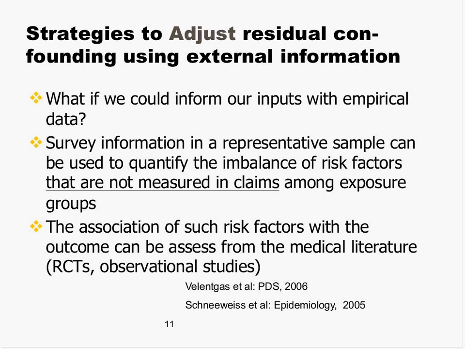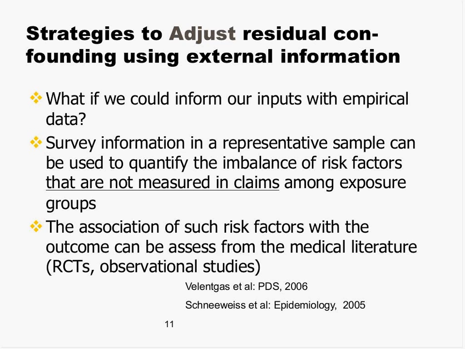How can we then utilize this framework to adjust for residual confounding? We just use more informed assumptions and plug those into our sensitivity analysis. Can we base the inputs of our sensitivity analysis on empirical values that we either observe or that we get from the literature?